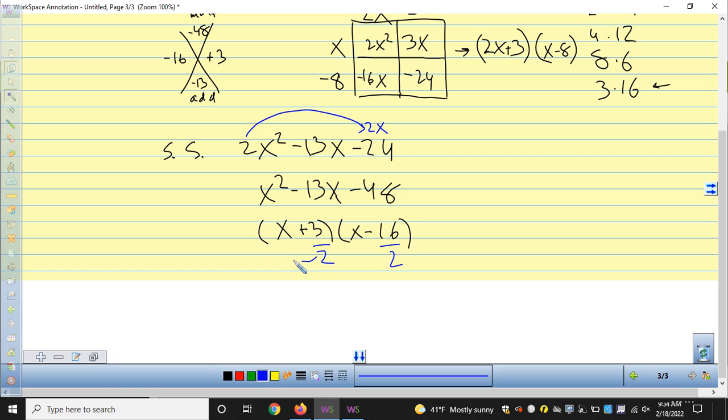And if not, we're going to slide this over. 2x plus 3. And 16 divided by 2 is 8. And just like yesterday, we can always check to see if we did this correctly by multiplying this out. If you multiply it out, you should get back to where you started.